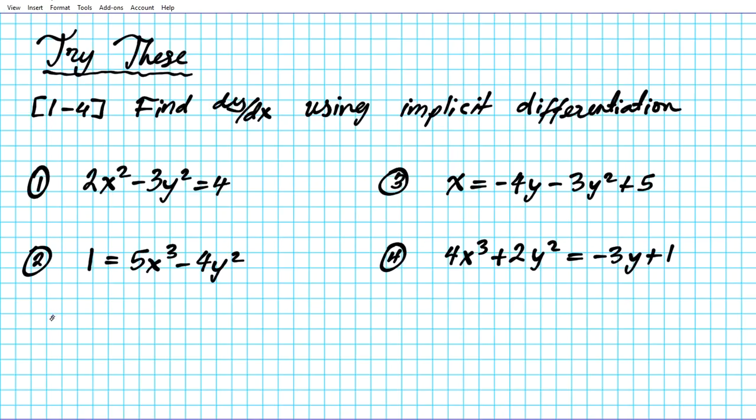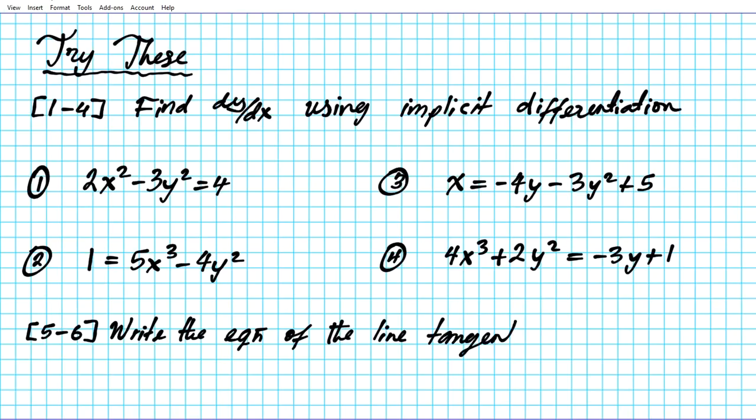And then for number 5 and 6, you're to write the equation of the line tangent to the curve at the point, okay, at the specified point.